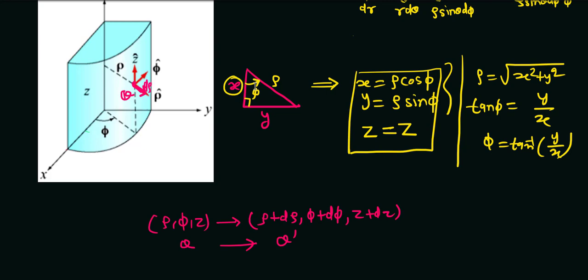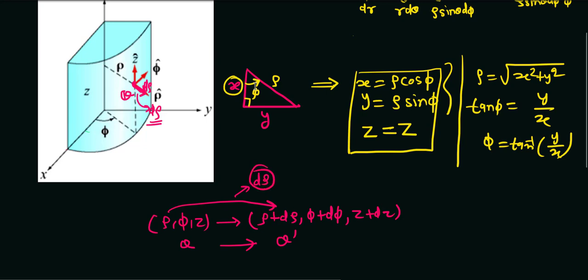We can easily say the length of this vector which you have moved would be given by d rho. So from rho to rho plus d rho, the length of the element would be given by d rho.